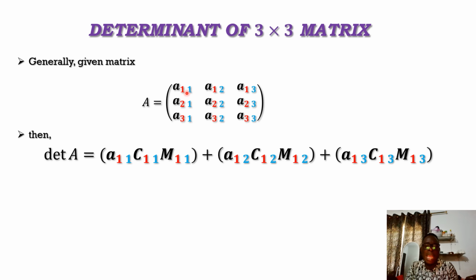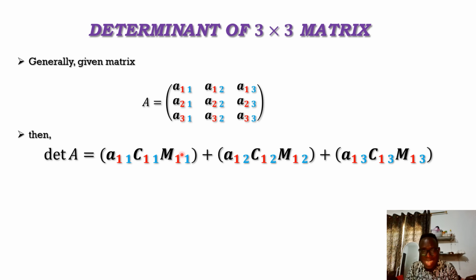First, I can use the first row to find my determinant. So the determinant will be the elements of the first row, which is element A11, times its cofactor times its minor.